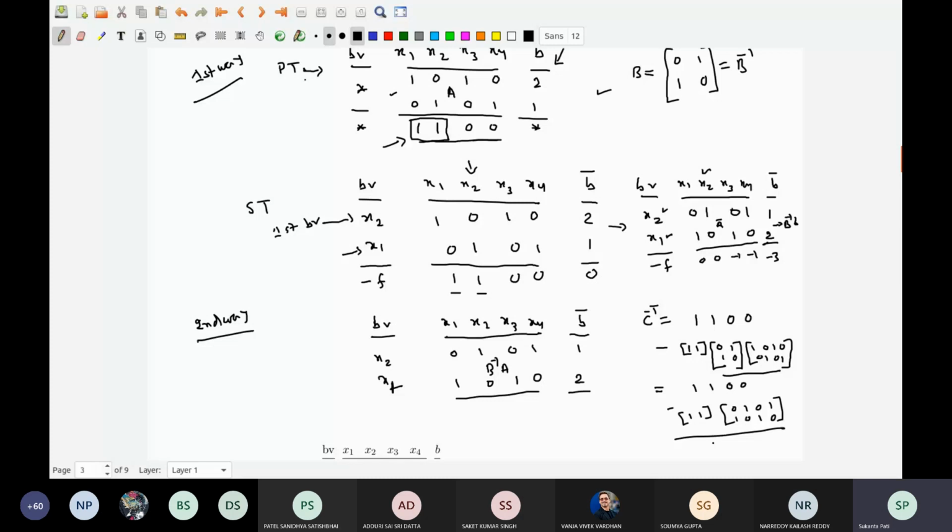That will give you 0 0 minus 1 minus 1. So you write 0 0 minus 1 minus 1. And over here you are supposed to write minus fw.